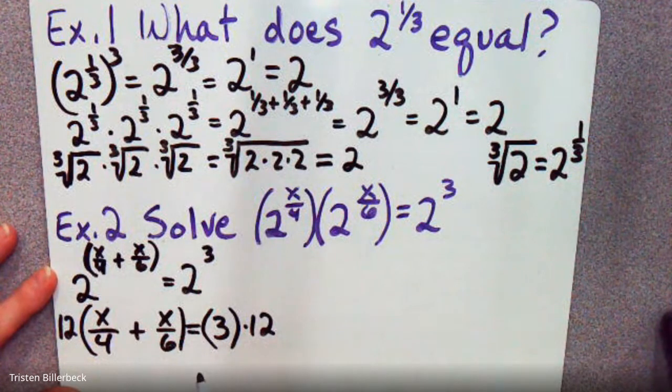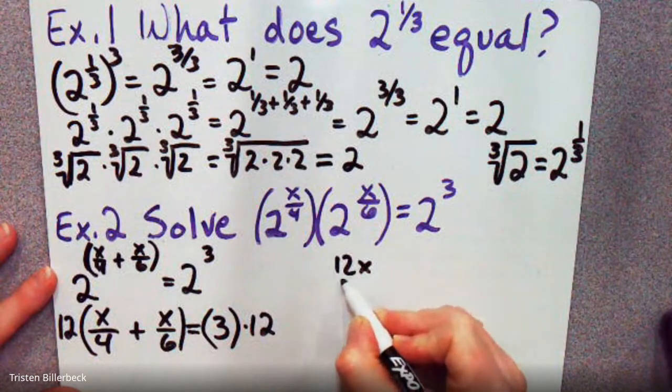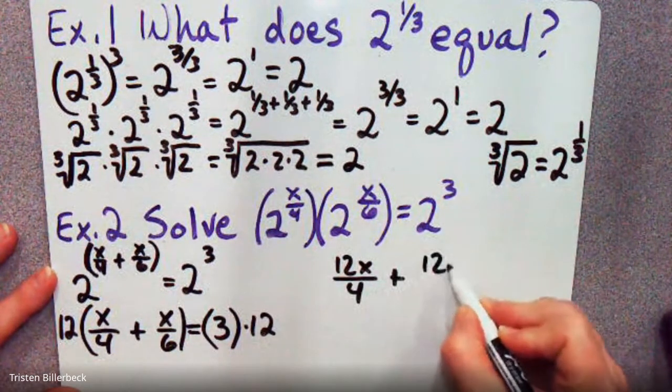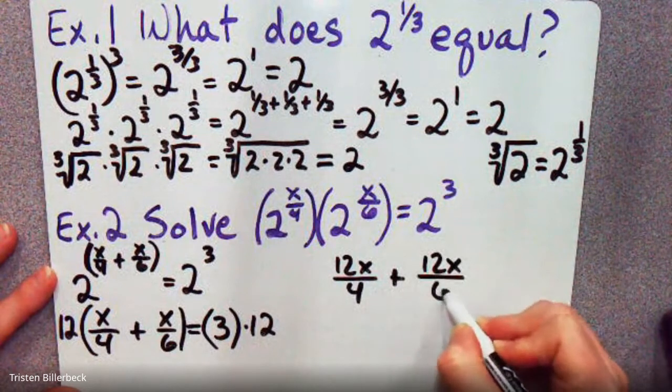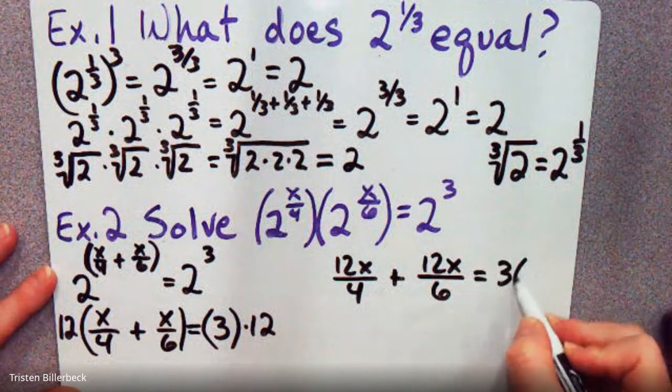So now we can rewrite this as 12x over 4 plus 12x over 6 equals, and 3 times 12 is 36.